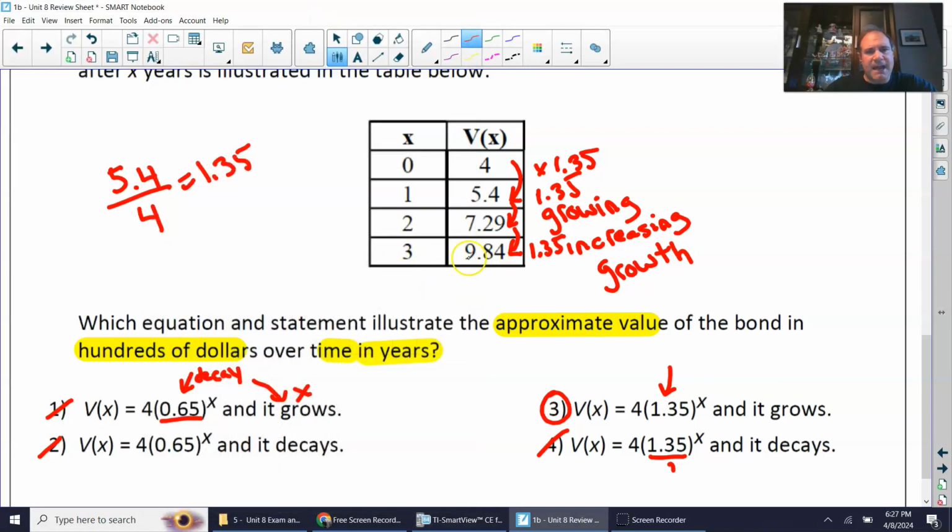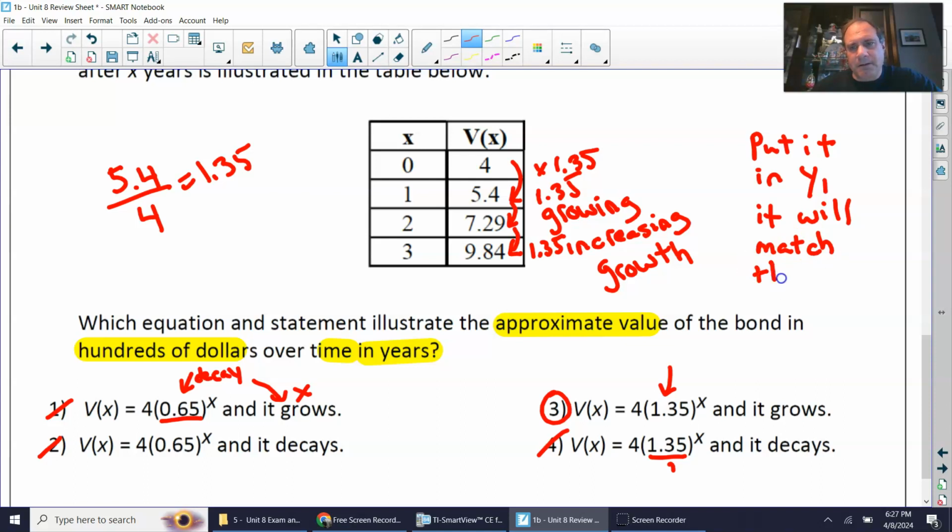See how the tables match? If you put it into the calculator, y1, it will match the table given.